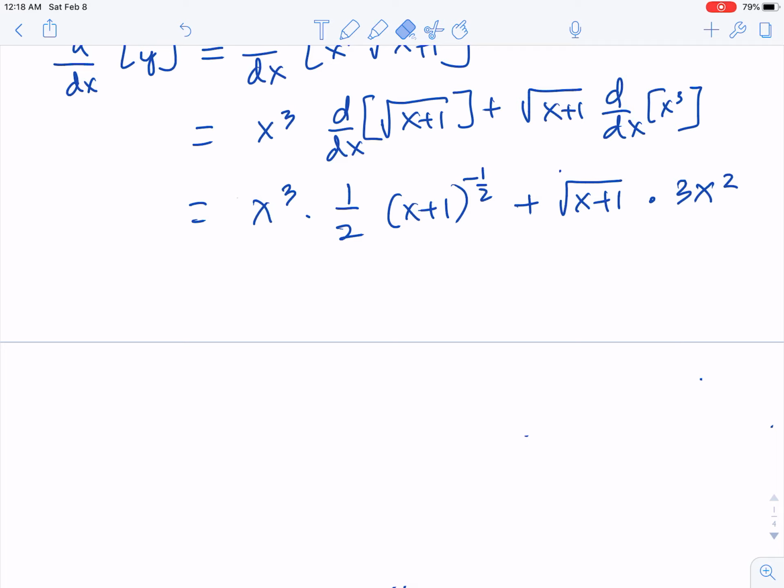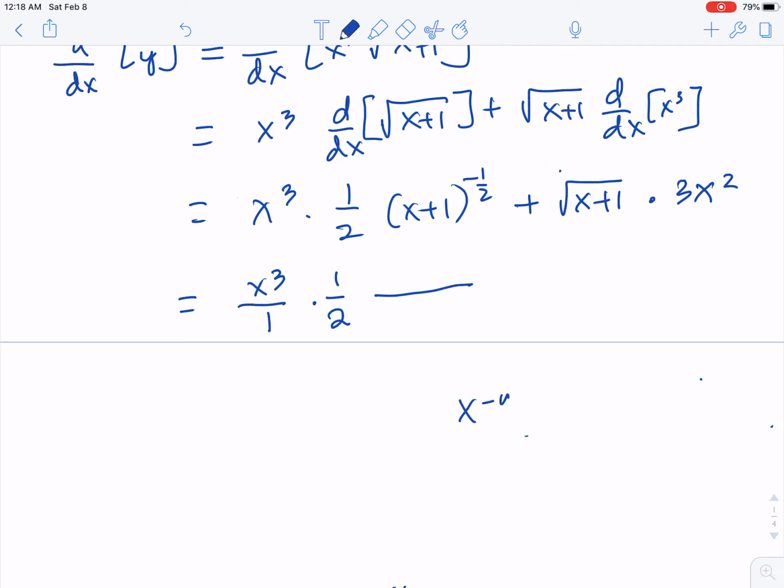Ano gagawin natin? Simplify natin yung unang expression, unang group. So, meron tayong fraction. This is x cubed over 1, para meron tayong denominator, times 1 over 1 times 1 half, and then times x plus 1 raised to the negative 1 half.